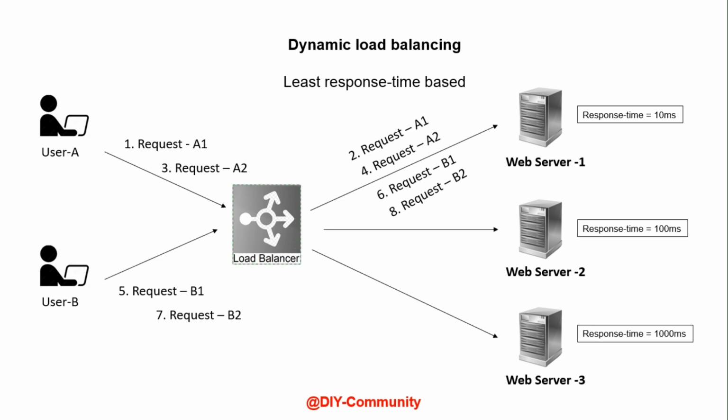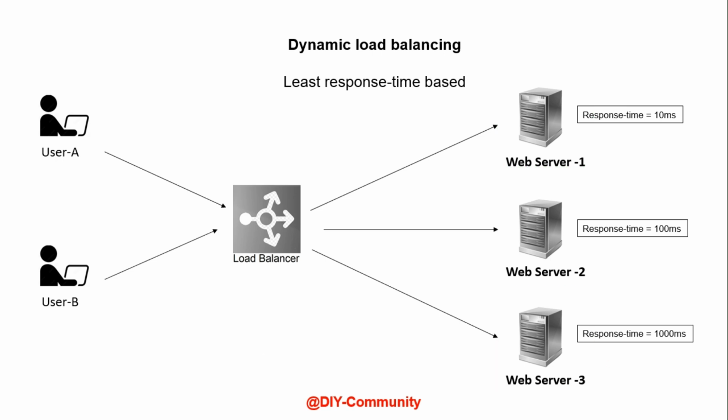The load balancer will always keep track of the current status of these response times, and every time a request comes, it will redirect the request to the best possible server, the one responding in the least response time. Now let's see a small animation to understand how a load balancer picks a server based on the least response time.